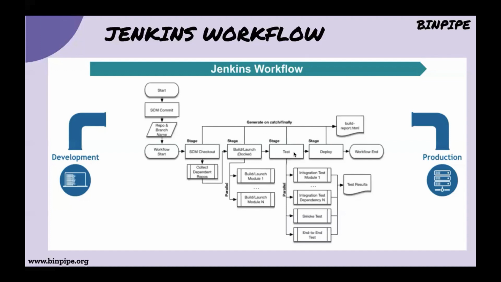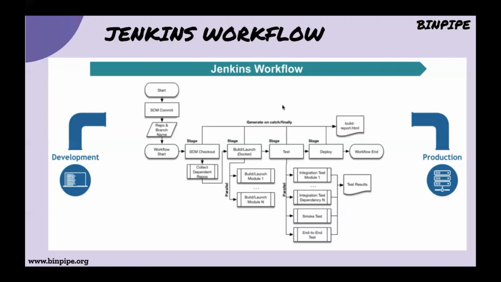DevOps practices are very open to modifications. It's not that if the company doesn't have an automation tester, the DevOps pipeline will fail because you don't have test cases. You cannot just blindly pass it on to deployment. So you can write your pipeline in such a way that after build it stops and sends a mail or alert to the test team.